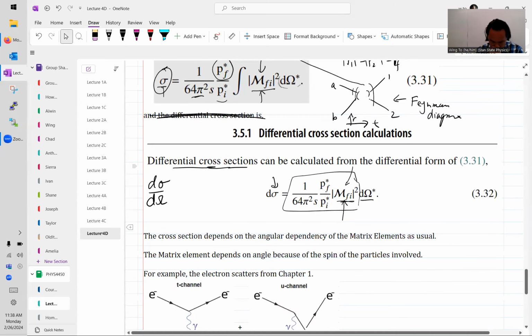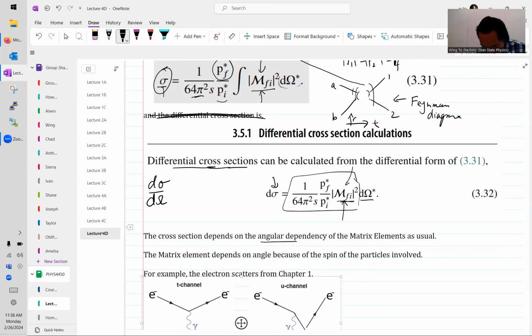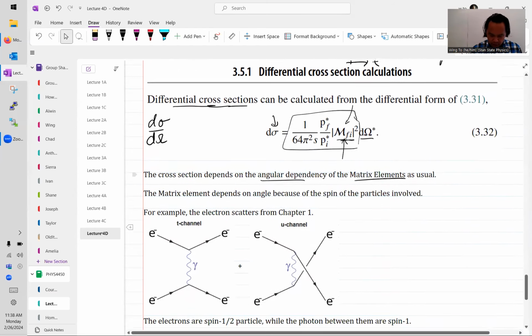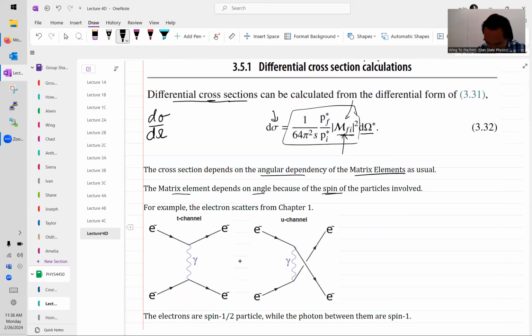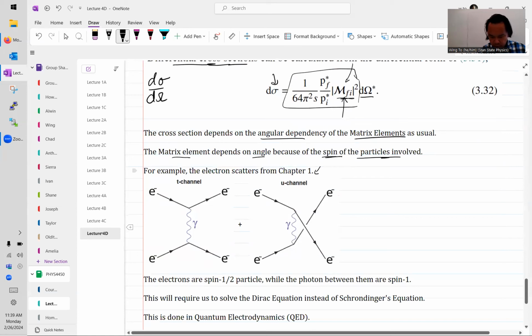Okay. So this differential cross-section has an angular dependence, and that's because of the matrix elements, okay? This matrix element is going to depend on angle because of the spins of the particles that are involved, okay? So the reason why we can't even do the simplest cross-section for electrons scattering off each other is because, remember from chapter 1 when we drew these Feynman diagrams, right?